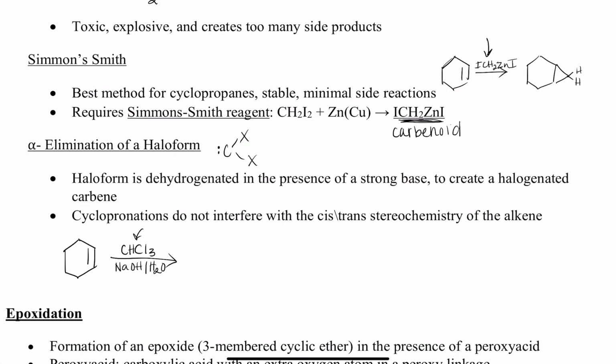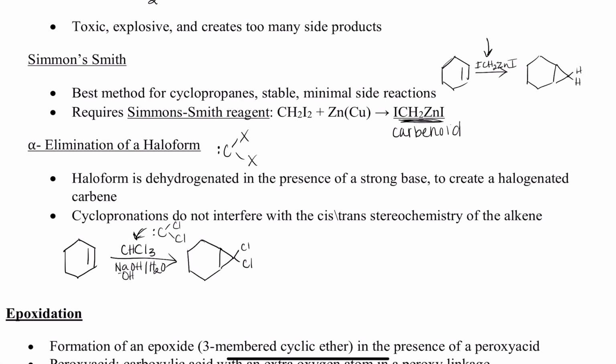And then I see that my sodium hydroxide could break apart into my hydroxide ion. That's a strong base. So I know that this chloroform is going to create a carbene with chlorines attached to it. So this would be my final product.